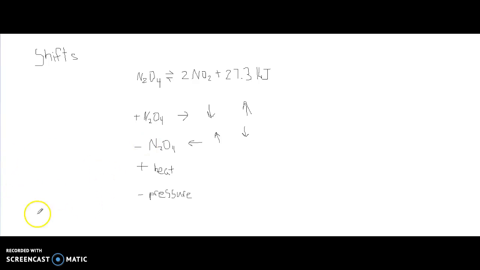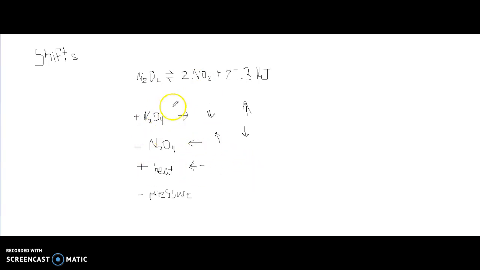Okay, so then when you change the temperature, the heat is on the right side of this equation. So if you're going to add heat, it is going to shift to the colder side to try to balance it out. So since the heat is on the right side, it is going to shift to the left.